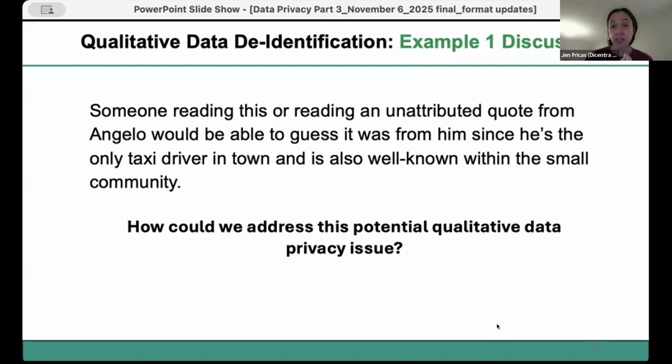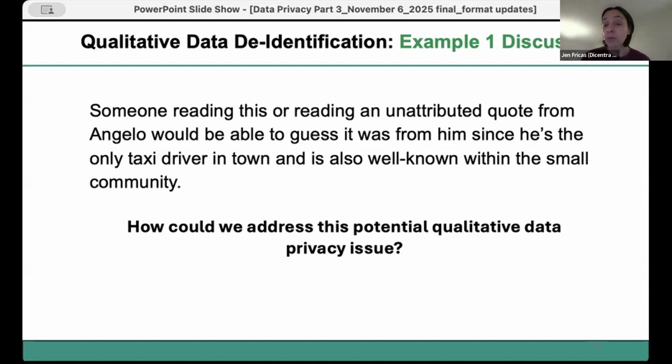If we're working with information from focus groups, we can remove sections of Angelo's quotes that would serve to identify him. They can be bracketed with generic information, like we could say, a middle-aged person from, tiny town, and you could just put in a bracket with a fake town name, or some other bracketed fake information so that you are not revealing information that would help people to identify Angelo.